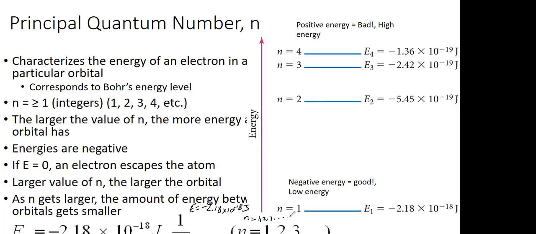So what we're going to learn about are quantum numbers. And quantum numbers, so Q numbers, help us predict where an electron is in the atom.